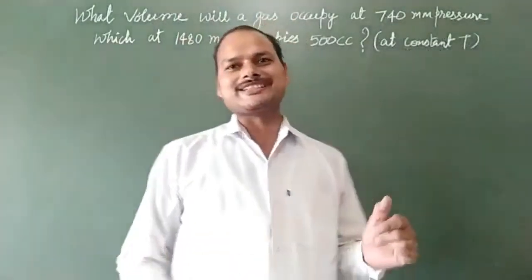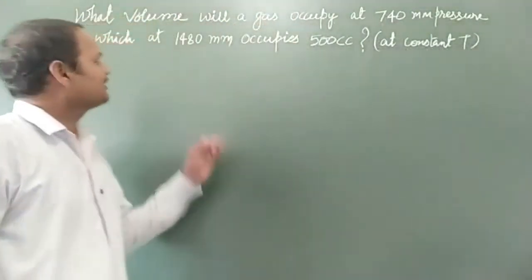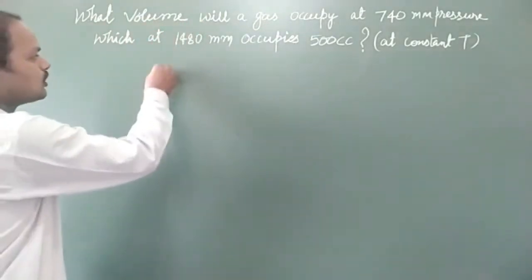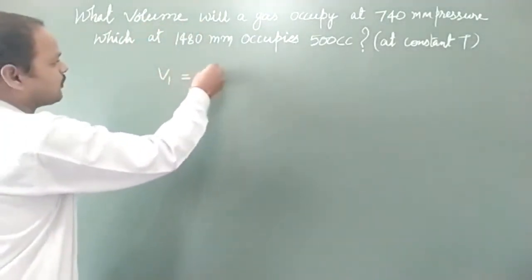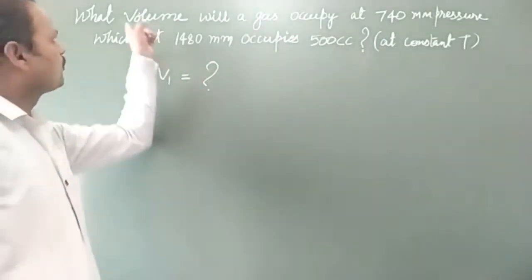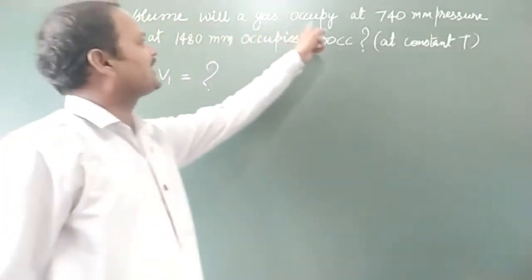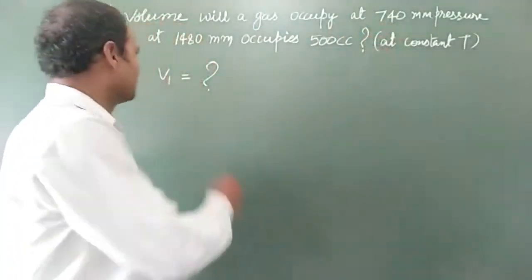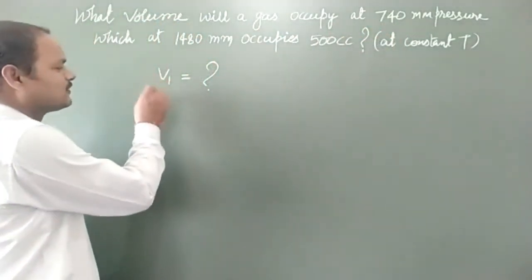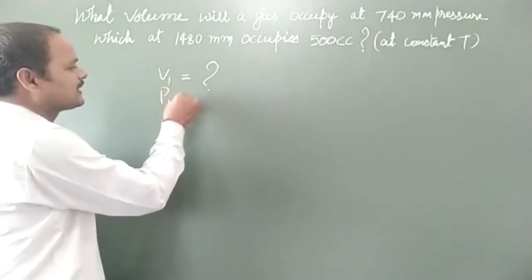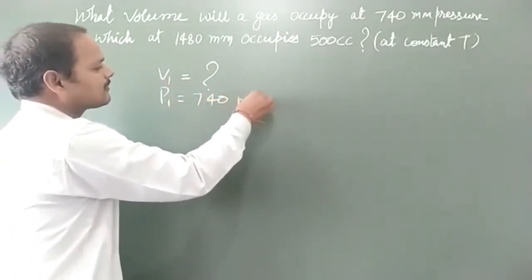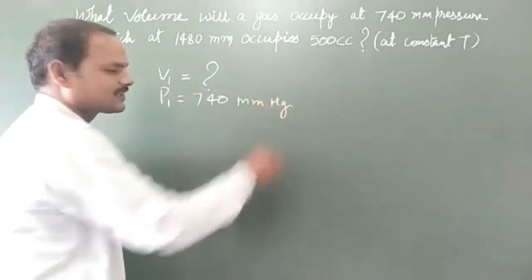Students, now see this numerical also. Here volume is required. Let this volume be V1. What volume will a gas occupy at this pressure, 740 mm, meaning at this V1 pressure P1 is equal to 740 mm of Hg.